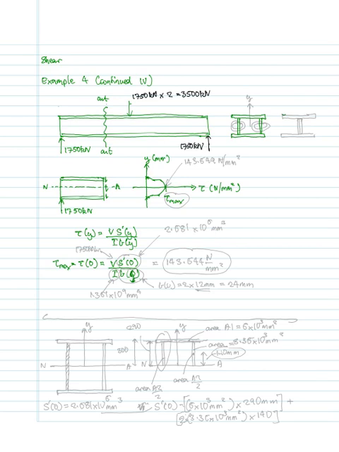So from there we could say tau max is equal to the value of tau when y is equal to 0 millimeters, which is equal to V times S dash calculated when y is 0, divided by I times B of y, B when y is 0, which is right at the center.